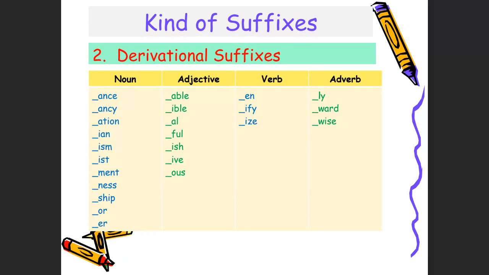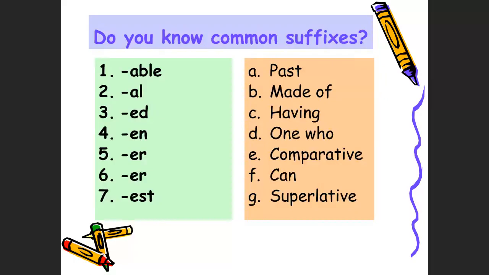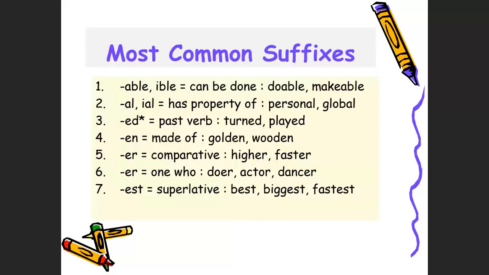Okay, so here we have the most common suffixes. They are also 20. So we are going to work with them in groups. For example, these most common suffixes. Number one, able, ible, that means can be done. For example, doable, makeable. That it can be done, que se puede hacer.